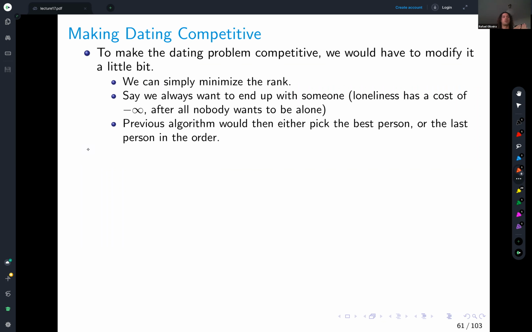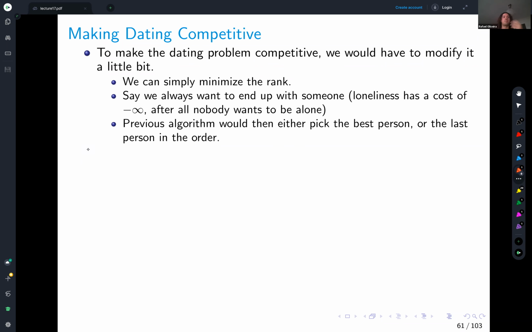In particular, we know that there's a total order in the ranking. So we can assume that this person is rank 1, but we don't know who is rank 1. If I see a person at time K, all I can do is compare to the people that I have seen. Does that make sense? So our input, when a new person comes, is the comparisons to the previous people we've seen.